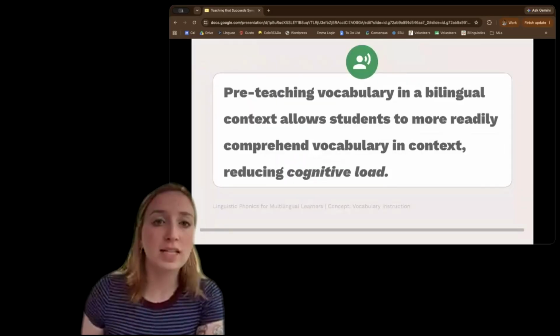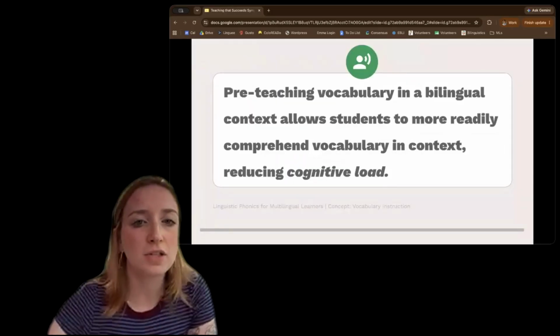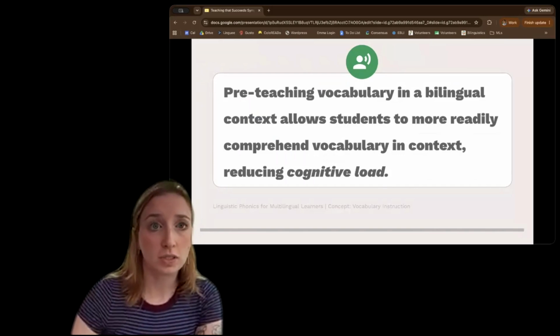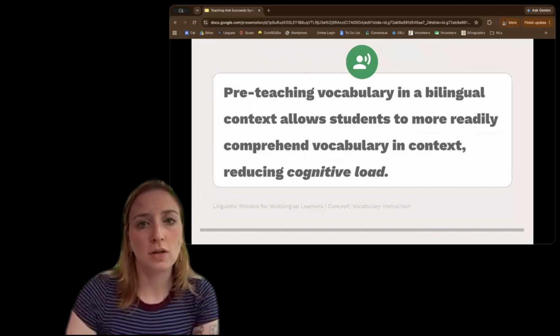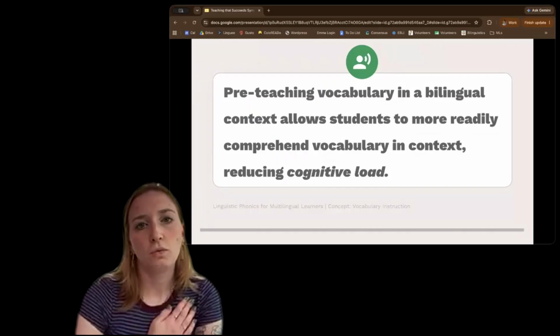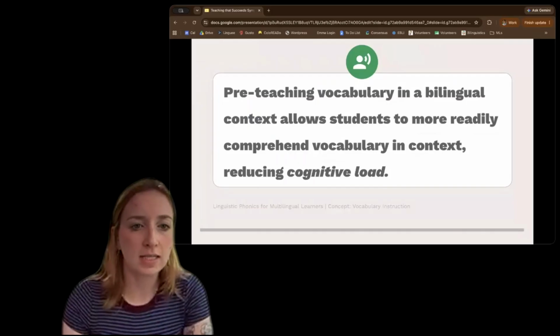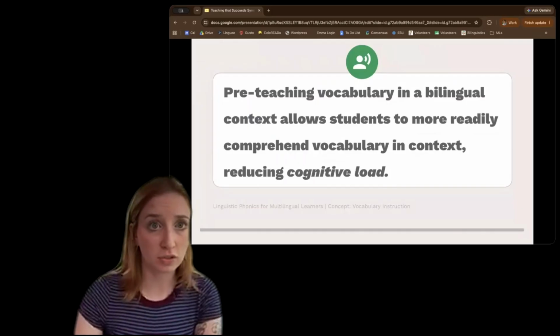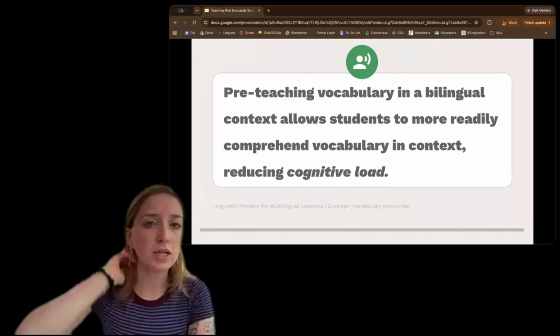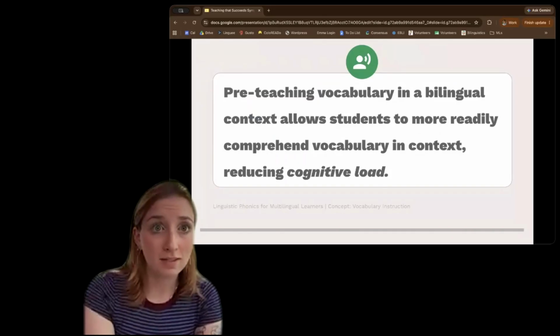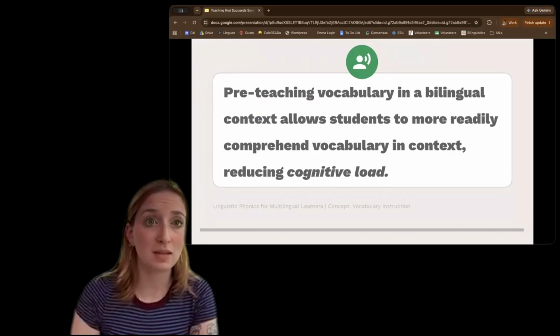So additionally, pre-teaching vocabulary allows students to reduce the demand on the cognitive load. When we're reading an authentic text in English, and I do read pretty much exclusively authentic texts with all of my students, there's a lot that needs to occur simultaneously within the brain.